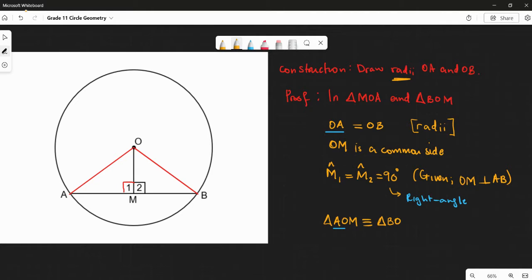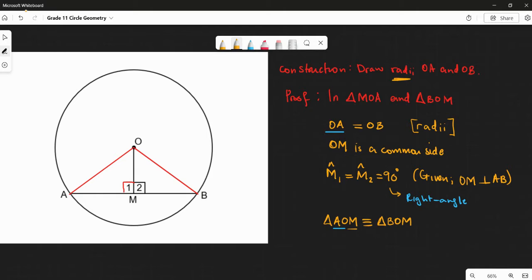And again, we have the line OM, which must be equal to line OM, a common side. So that means the order of our letters will be like that. Look at M1 and M2. The last letter there is angle M in both triangles. So that means angle M is equal to angle M.